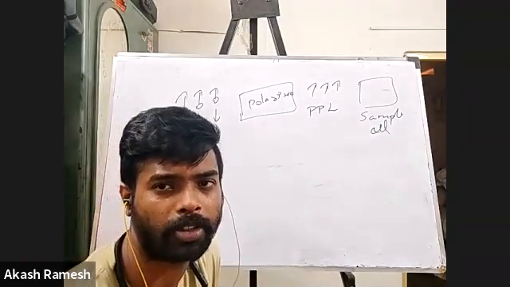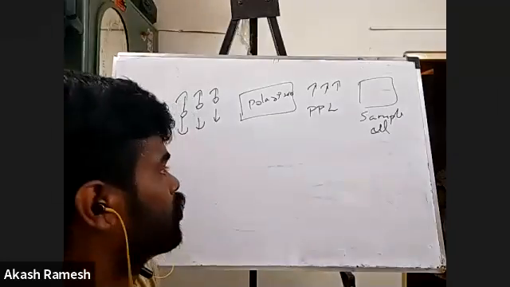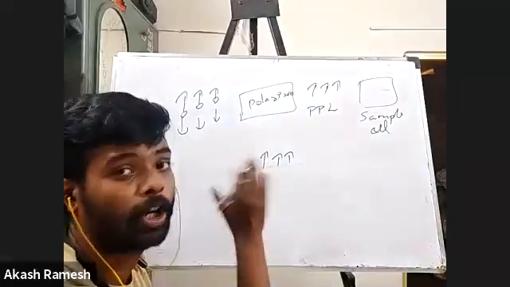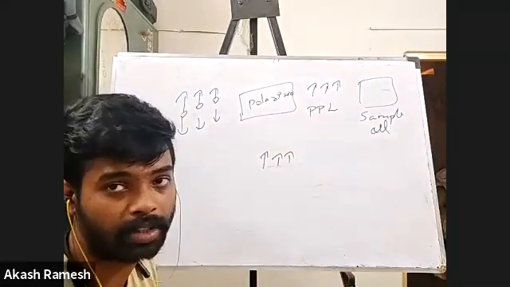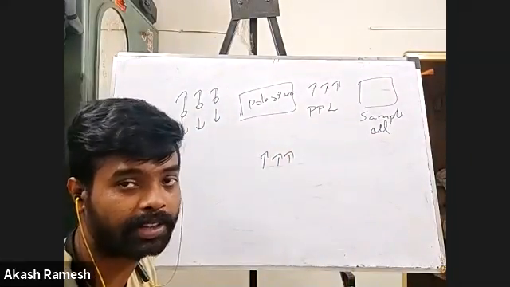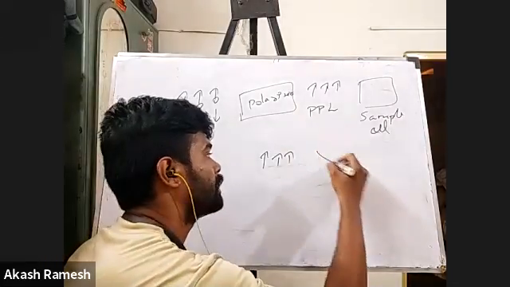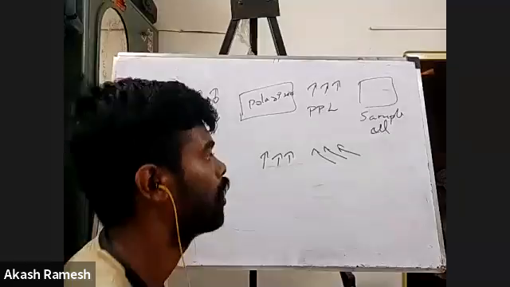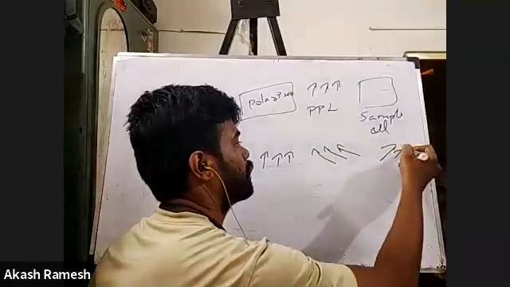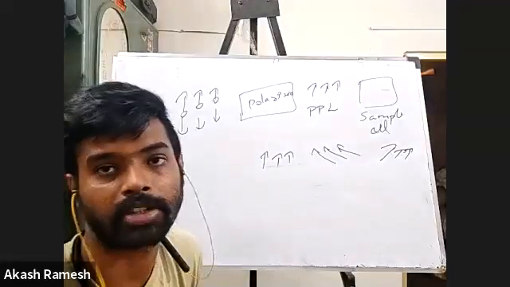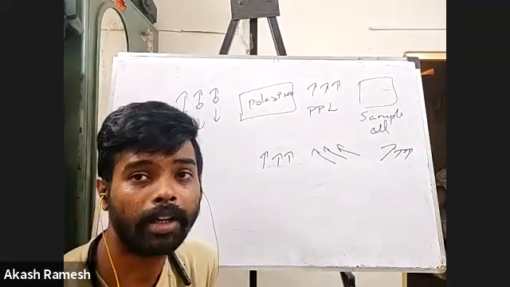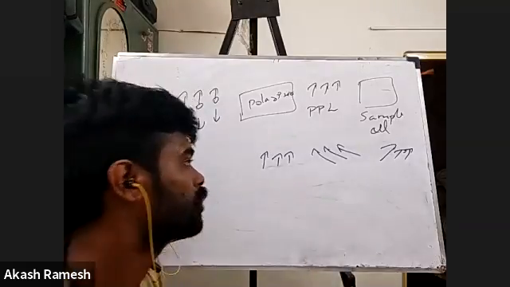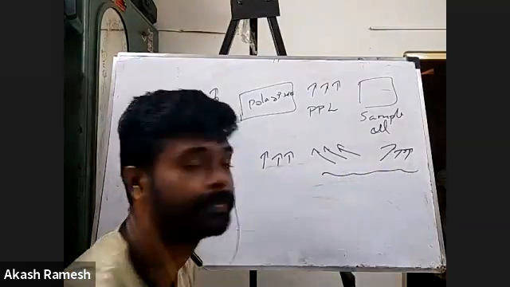There can be three possibilities. Nothing happens to the light, it just comes out like that with no change in the plane polarized light, or it would have rotated towards left, or it would have rotated towards right. Obviously the last two are what we are interested in.